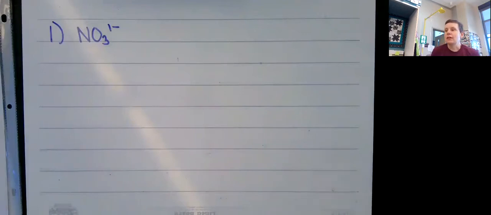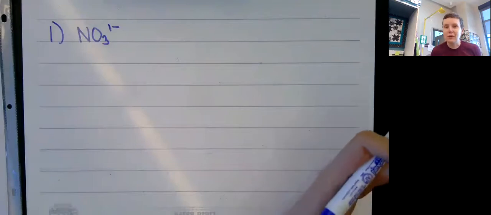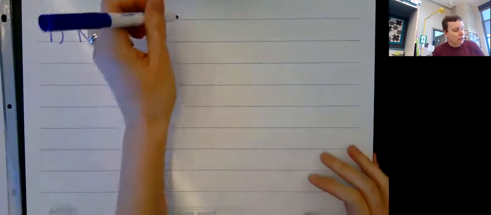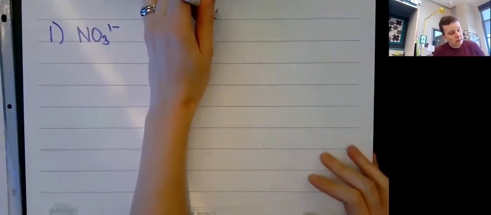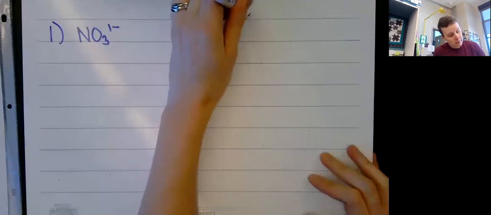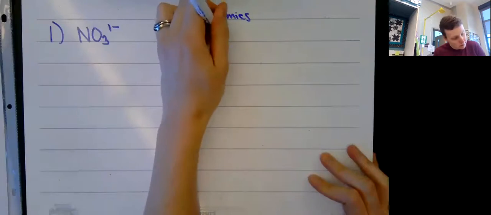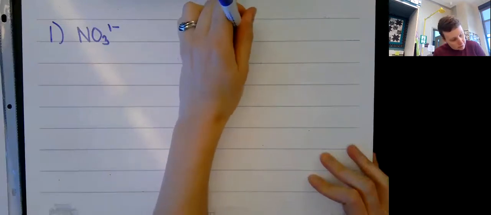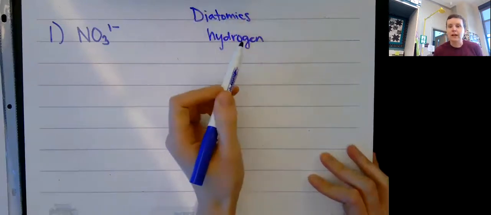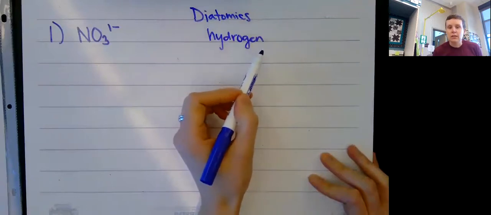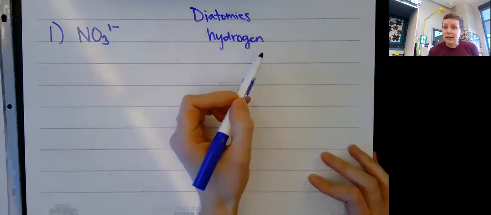Second section says diatomic elements, names, and diatomic element formulas, okay? Well, I'm gonna give you one of each just so that you kind of know what we're talking about there. So for the diatomics, one of the diatomics is hydrogen. Remember, anything that ends in gen is going to be diatomic, and then anything that ends in ene is diatomic.